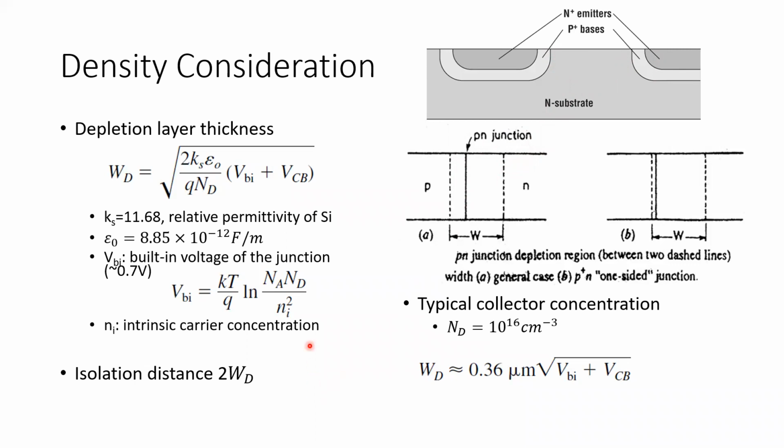Typically the collector concentration ND is 10 to the power 16 per cubic centimeter. For silicon, the permittivity is about 11.7, and we know epsilon 0 and q. The built-in potential is about 0.6 to 0.7 volts, and then we can find this depletion region.